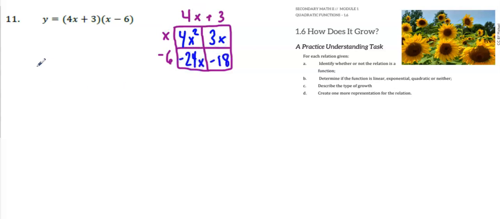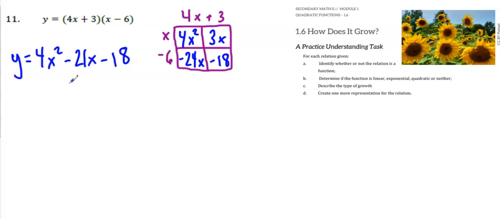And I can combine like terms, so I have y equals 4x squared, and then negative 24x plus 3x makes negative 21x, and then minus 18. Now that the quadratic equation is written in standard form, I can see that the largest exponent is 2, again confirming that I have a quadratic function.